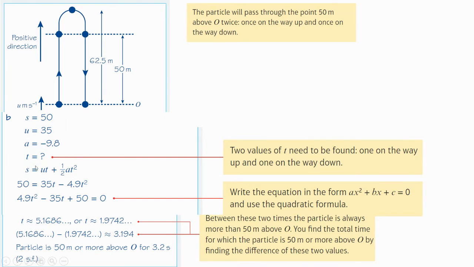And so they're both correct. And the amount of time it's above 50 meters, well, all the way from 1.9 seconds all the way to 5.2 seconds. So if you subtract those two values, that is how far it is above this line.